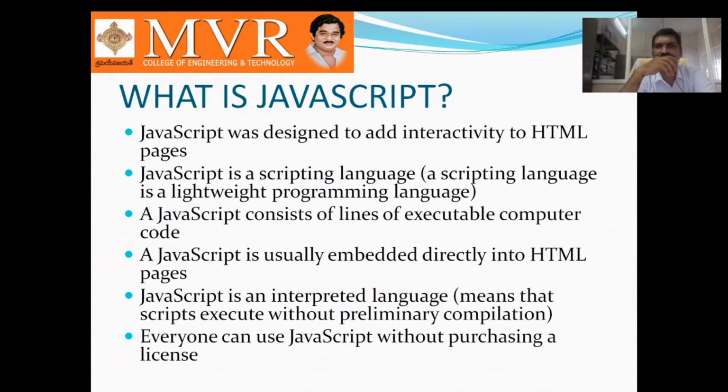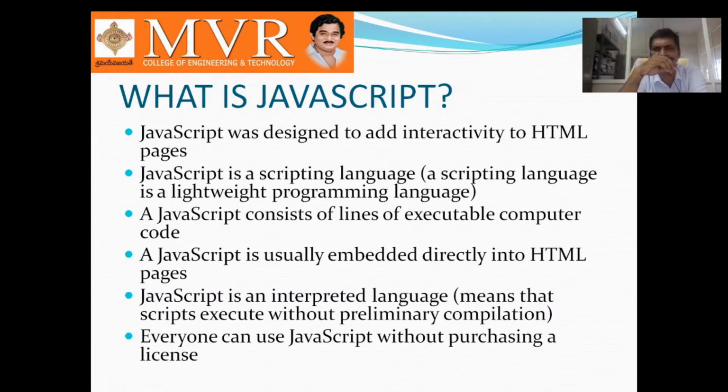Next, JavaScript is a scripting language. A scripting language is a lightweight programming language. What is a scripting language? We have studied various languages like C and C++. In those there are a number of concepts, but here there are not that many.